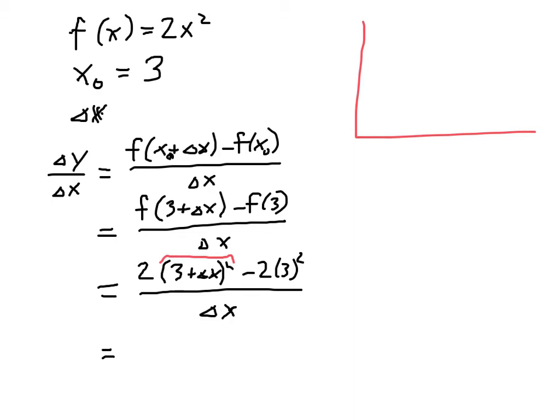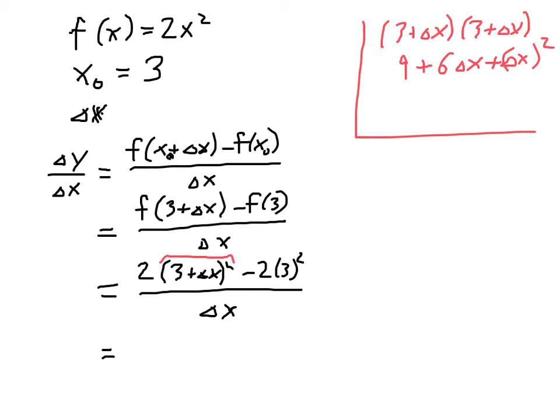Just as a reminder, that'll be 3 plus delta x times 3 plus delta x, which is 9 plus 6 delta x plus delta x squared. Remember that delta x represents a number altogether. It's not a number delta multiplied by another number x.